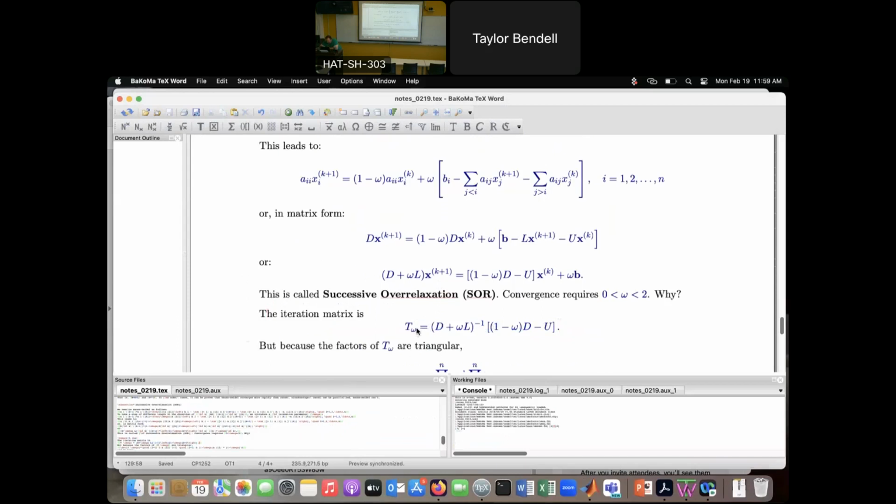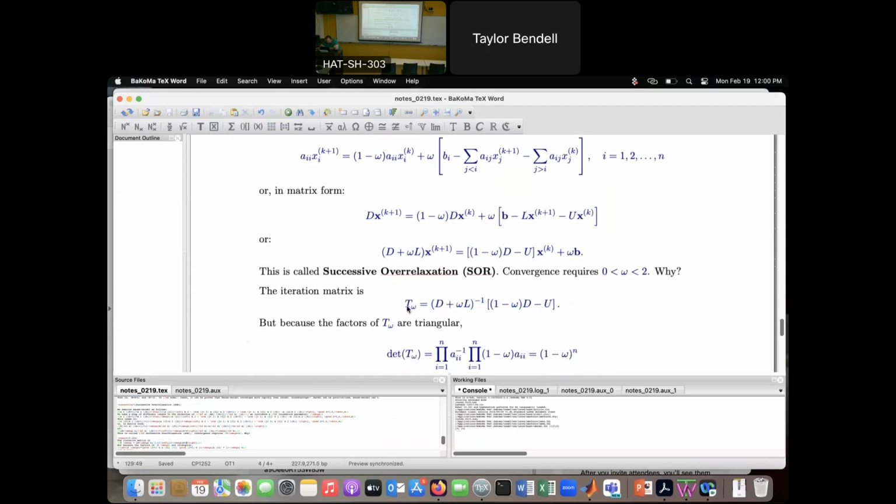So my M inverse N works out to be this. Now, this is a lower triangular matrix that's being inverted, and then this matrix is upper triangular. So suppose I take a determinant of this whole thing. Well, remember, the determinant of a product is a product of determinants. And also, the determinant of a triangular matrix is the product of the diagonal entries.